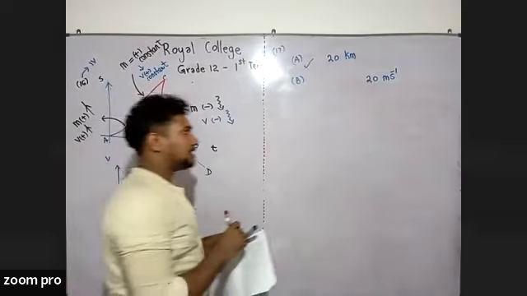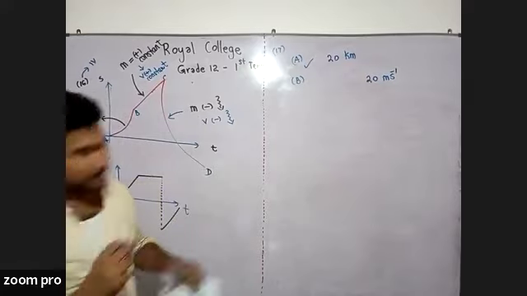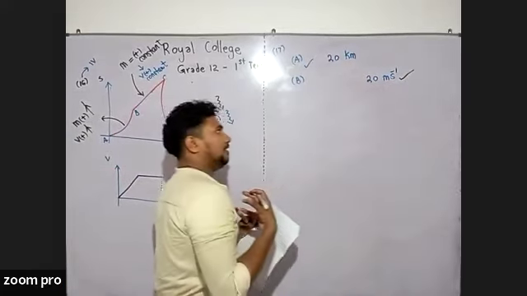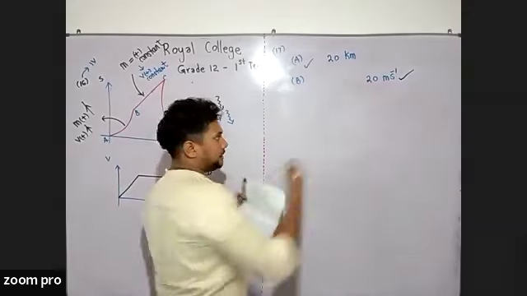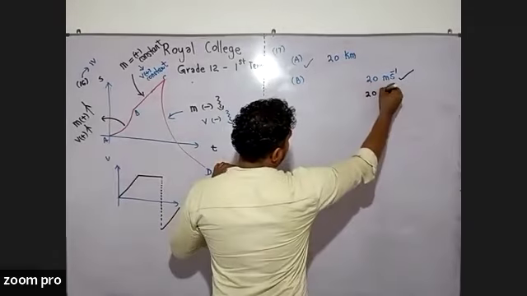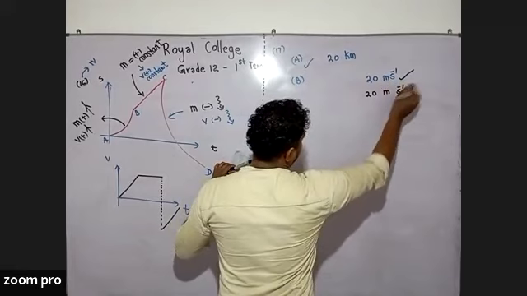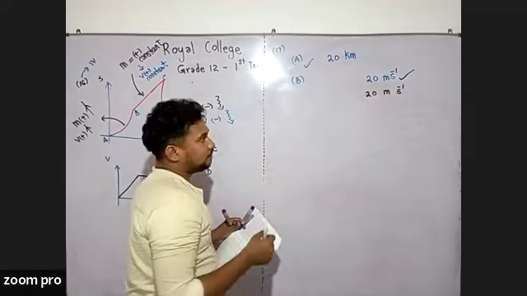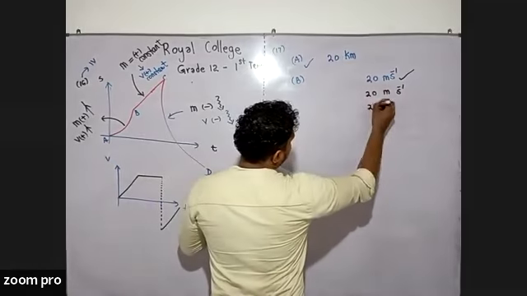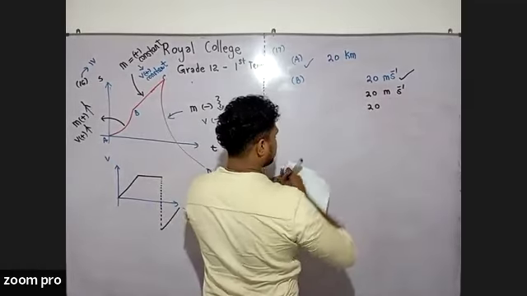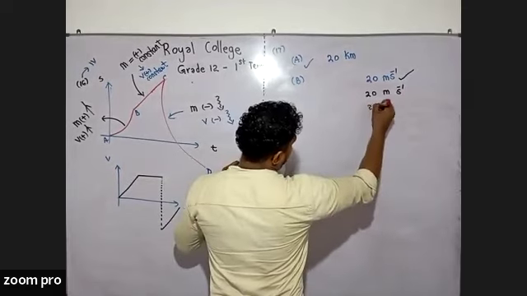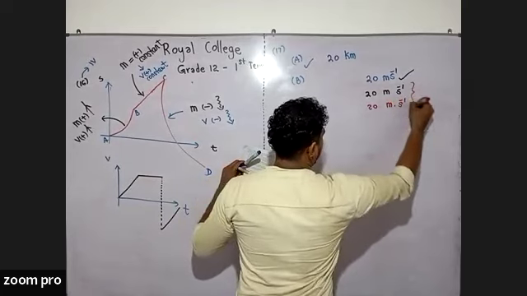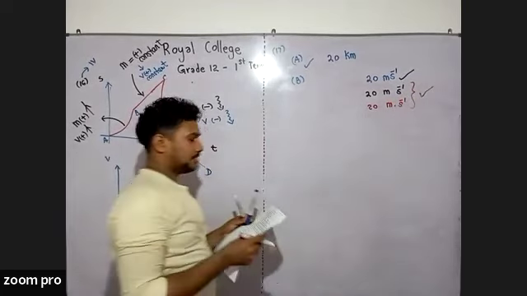But somehow this can be written as this is the correct one, and this is what we are normally familiar with, isn't it? But this one can be written as m s minus 1. That means you can keep a gap between the base units, or this one can be written as 20 m dot s minus 1. So both these methods are correct, right?